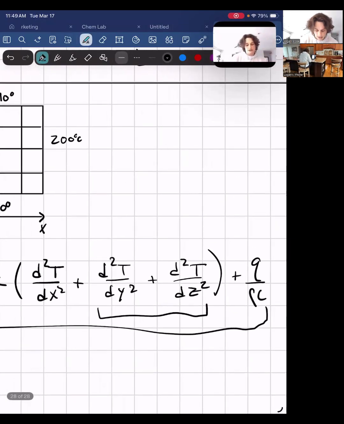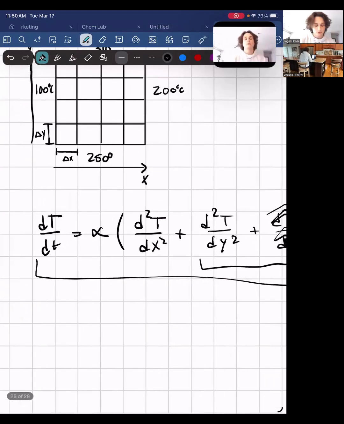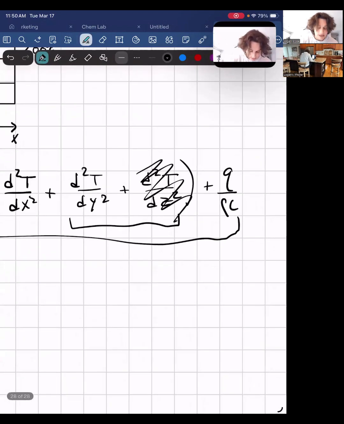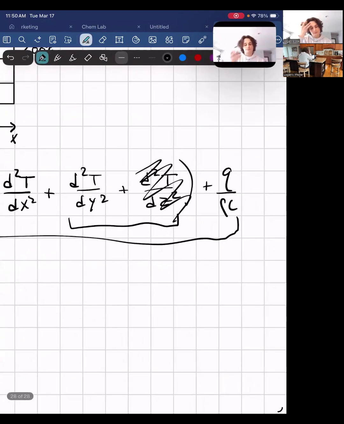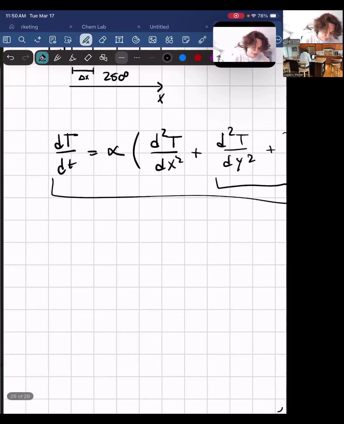We don't need this z term anymore, right? Because we only have our x and our y, right? So that's going to go away. And then in the problem, we're given that there's no energy generation. Well, this is our energy generation term. So now this term goes away. Great. That just simplified the problem a whole lot more.